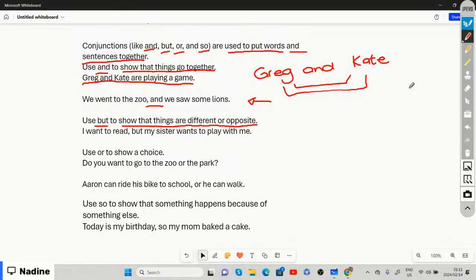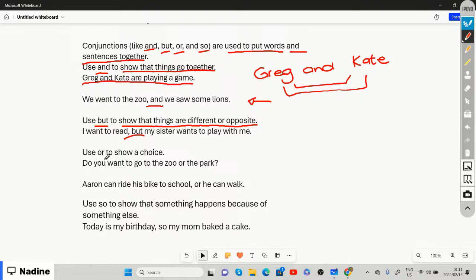For example, we can say, I want to read, but my sister wants to play with me, which means that both of them want to do two different things, opposite things. The one wants to read, but the other one wants to play. So they want to do different or opposite things, right? And that is how we use the word but.